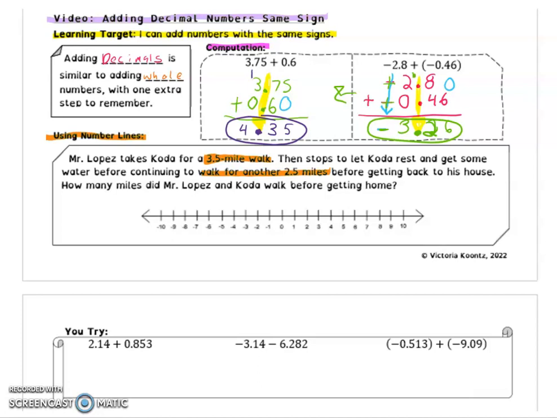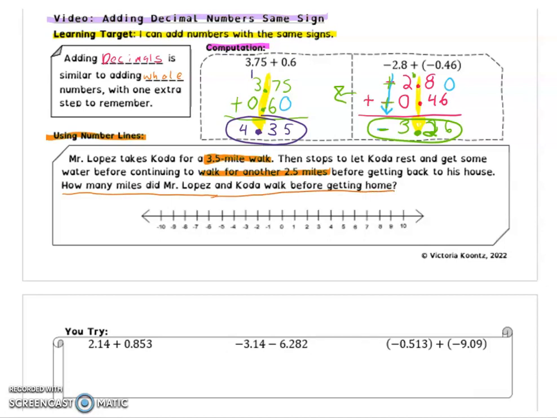So now, did we walk for more or did they take away miles? Well, it says another, so we're adding. Okay. And then they got all the way back to his house. Okay. How many miles did Mr. Lopez walk? So we have to ask ourselves, how many miles did they walk? Right? That's all it wants to know is how many miles did it walk?